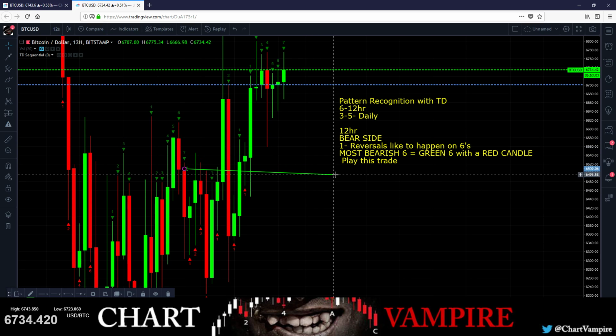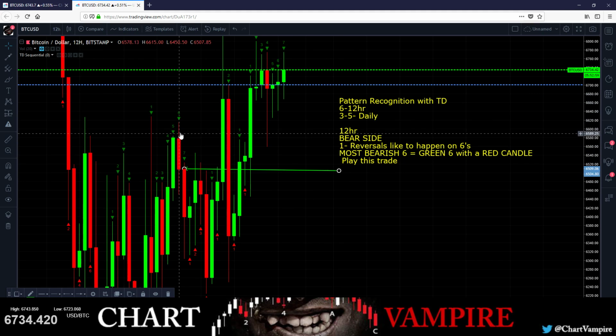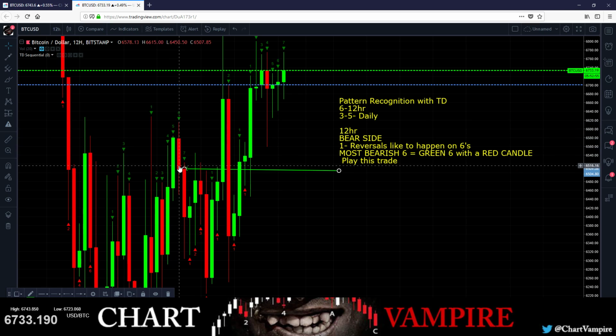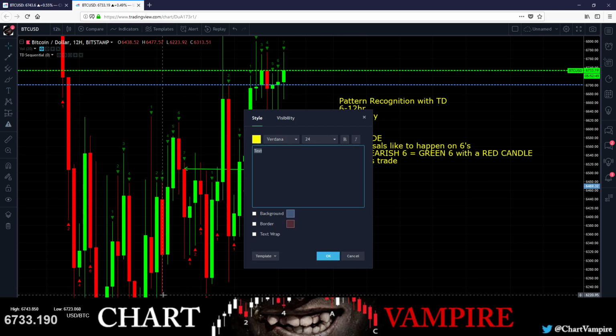You would have probably entered the trade at the end of the red 6 candle, or if you would have seen this candle going red, you would have entered short into this trade. So we're going to do a bear trade.